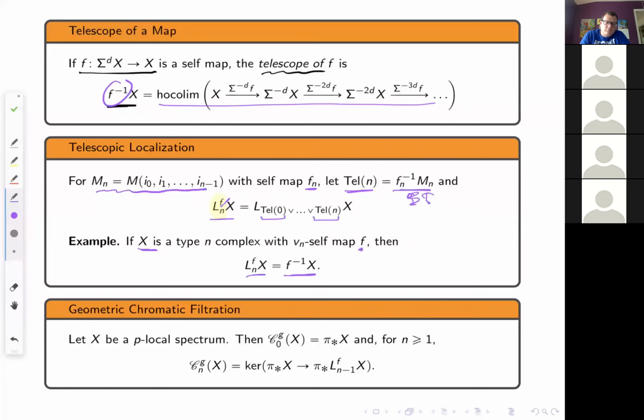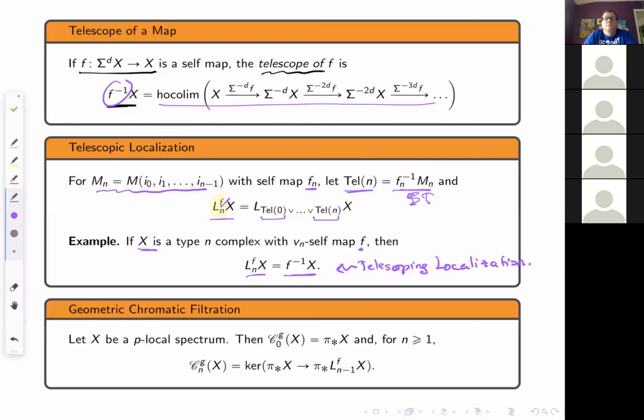So you get the same result no matter what choice you make. This is called telescopic localization. When you look at a type n complex, it does exactly what you think: it takes the thing and gives the telescope.